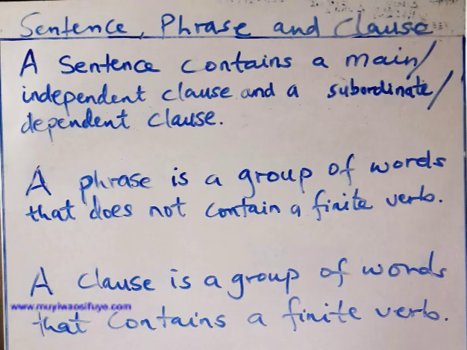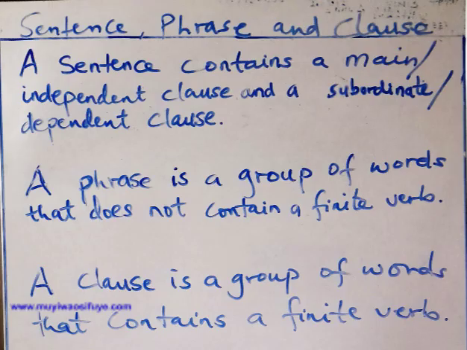Now let's look at phrase. A phrase is a group of words that does not contain a finite verb, whereas a clause is a group of words that contains a finite verb.